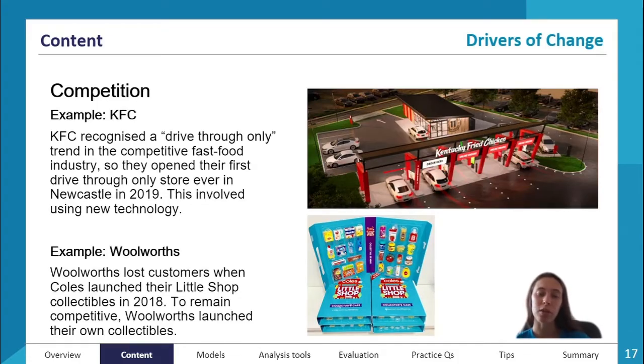And Woolworths actually suffered as a result of that in that quarter for their profits, and they realized that they needed to respond in order to, like we said, remain relevant, remain competitive, and appeal to clearly what the customers were showing that they wanted. So they then launched their own collectibles. You had things like the different Lion King ones and the Ooshies and those sorts of ones that all came out as a result of that. And we continue to see collectibles series today as well.